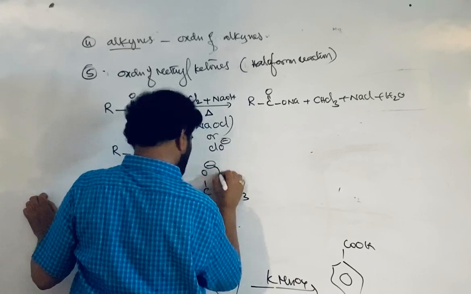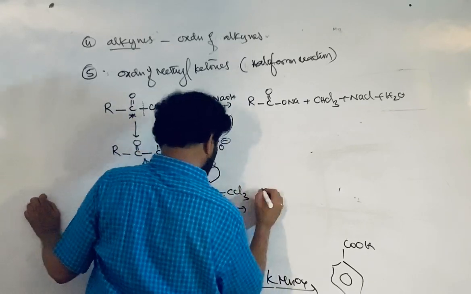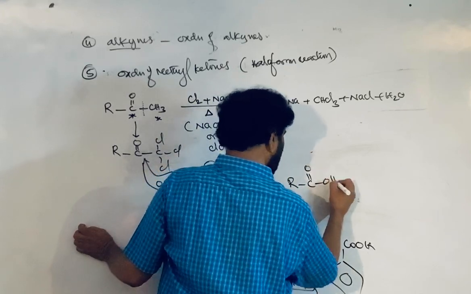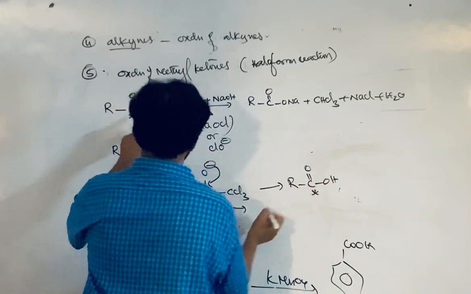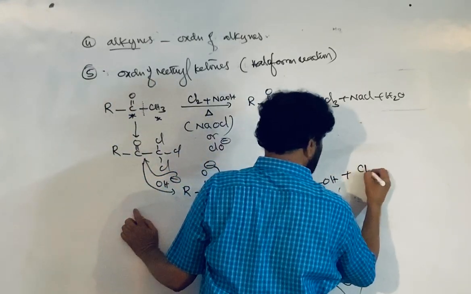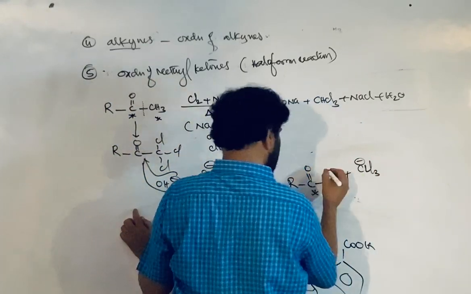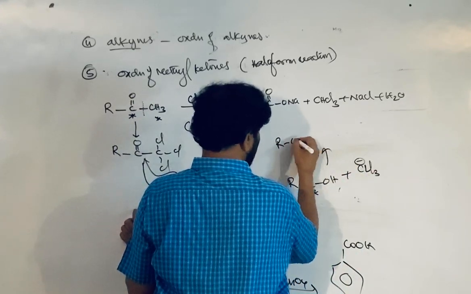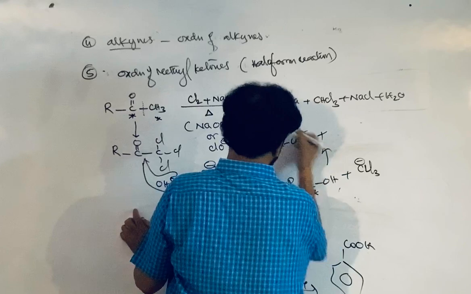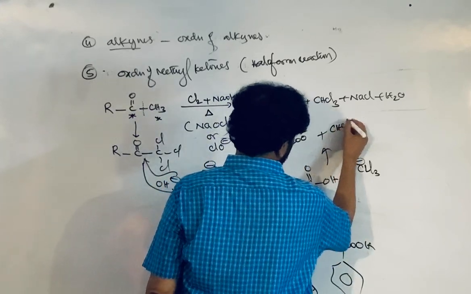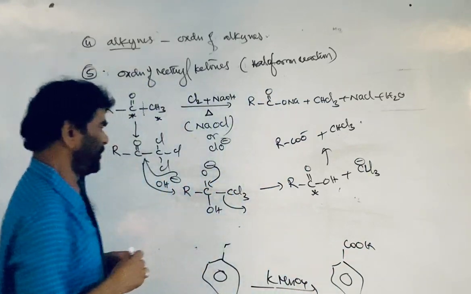Now this is coming back. CCl3 is a good leaving group. It is coming out, giving C double bond O, OH. The ketone carbon is converted into the carboxylic carbon, and the methyl group is converted into CCl3 minus. This is an exchange of the proton, an acid-base reaction. In the basic medium, the sodium salt of the carboxylic acid, the carboxylate, and CHCl3, chloroform, are formed.